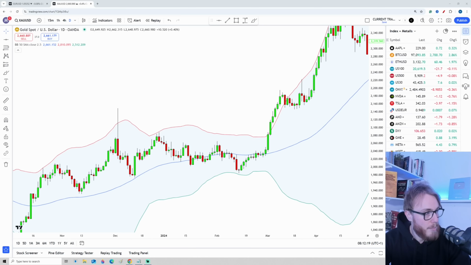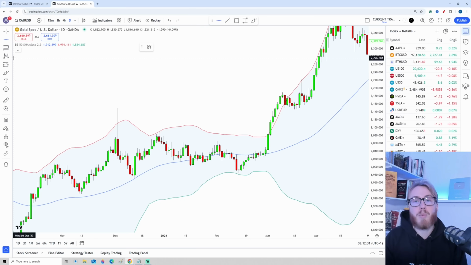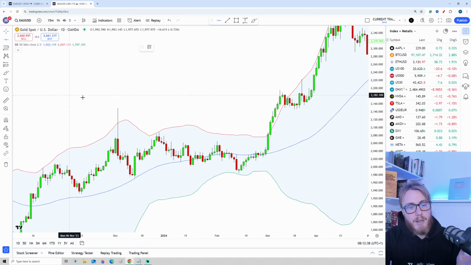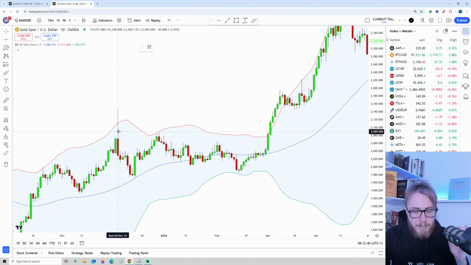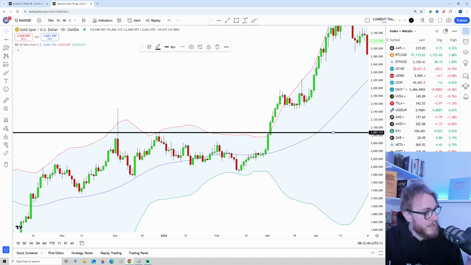But when it comes to this strategy, it's very important to not only look at breaks of Bollinger Bands. To make this one stronger, we want to, of course, combine it with market structure and price action. And on this particular example, we can actually see that we have some very important market structure right here. First of all, we can see that we are in a sort of trading range.